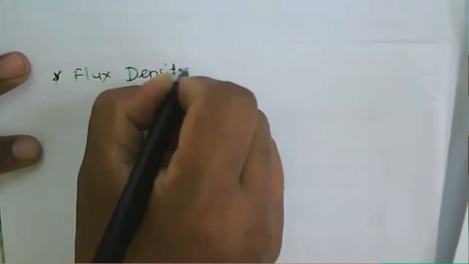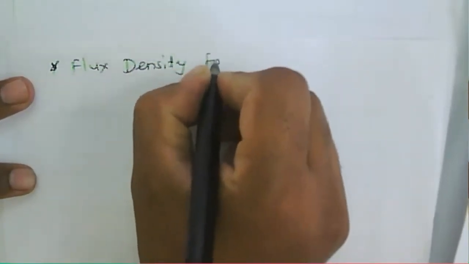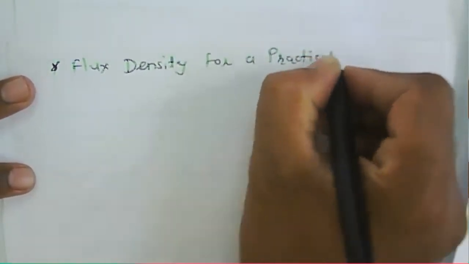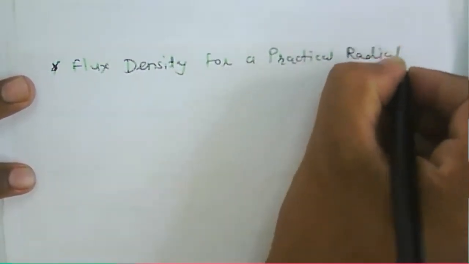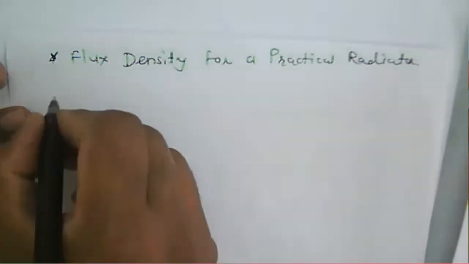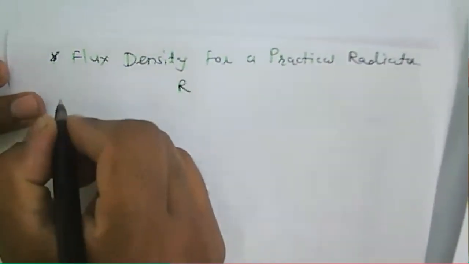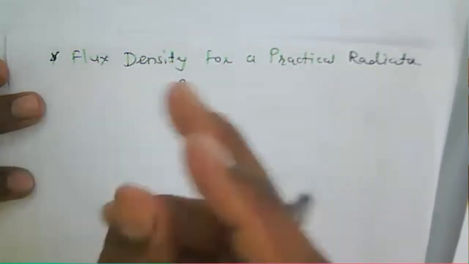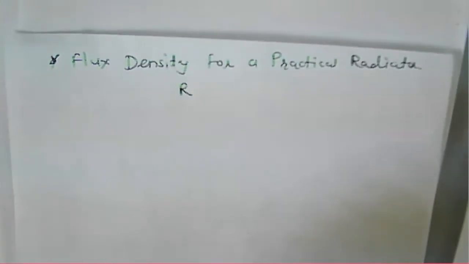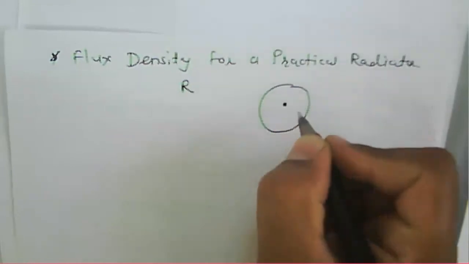Then we should know the flux density for a practical radiator. Generally, we have seen that the flux density at some particular distance r from a power radiator is nothing but the power received in that particular unit area from this point source.